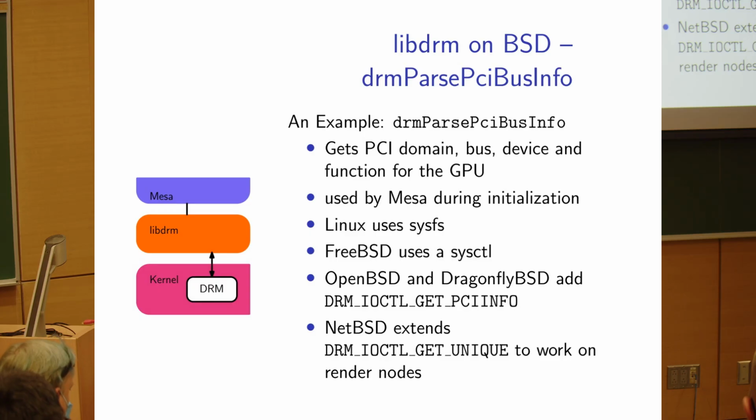But that information ends up in a couple places. Mesa wants it when it's initializing a card. And so when you open a DRM file descriptor, this will get called somewhere in that process. Linux figures this out by making a bunch of file system calls into the sysfs file system.